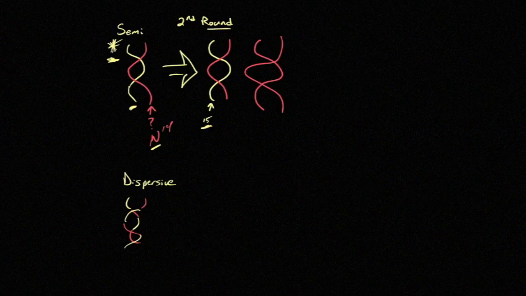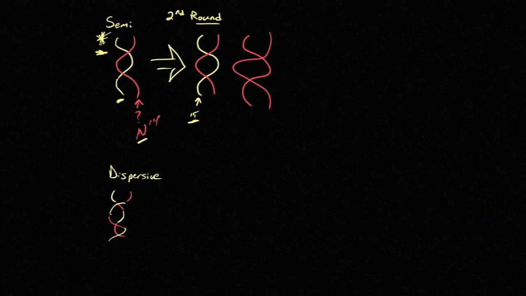So what's predicted from the second round of replication is that you'll get one DNA molecule, one chromosome with nitrogen 14 and nitrogen 15, and one DNA molecule or chromosome with 2 nitrogen 14 strands, right? That's the prediction.